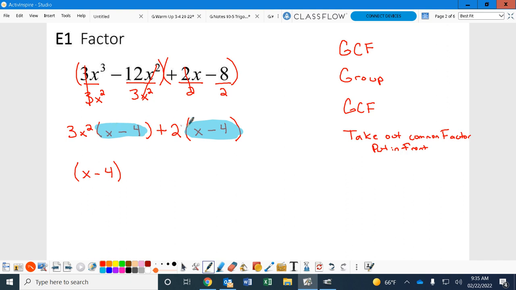See, they both have an x minus 4. In the other parentheses, which is going to go right next to it because it's going to be multiplied now, you're going to put everything you don't have in a parentheses yet. So you're going to put the 3x squared in your parentheses, and you're going to put the plus 2 in your parentheses. It's going to be 3x squared plus 2.